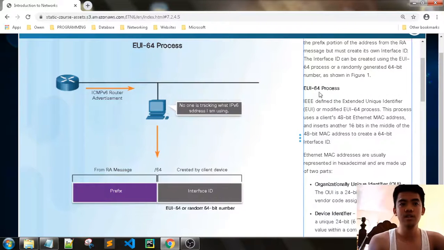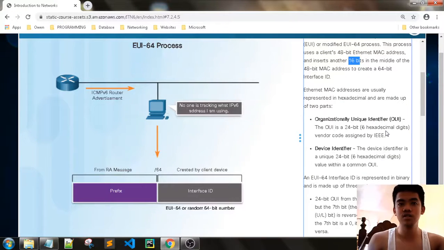The interface ID is 64 bits. In the EUI-64 process, they use the MAC address of the device and insert another 16 bits in it. The 16 bits are FFFE, I think.